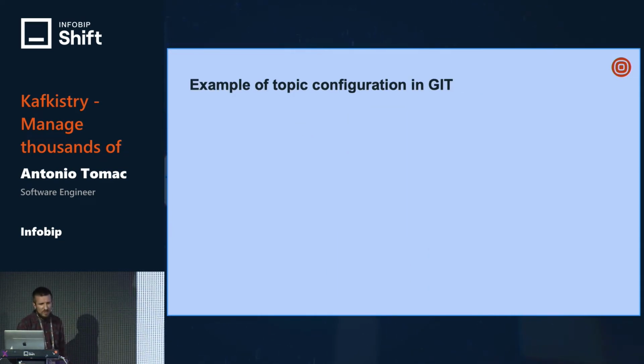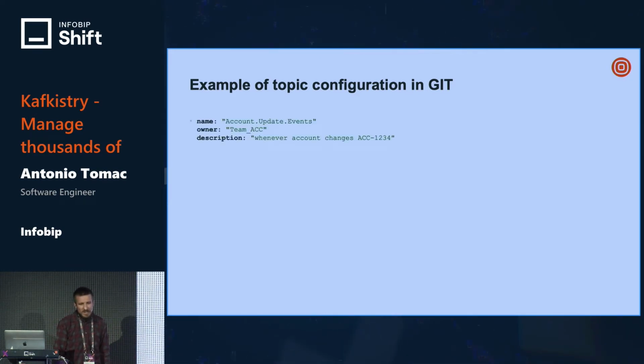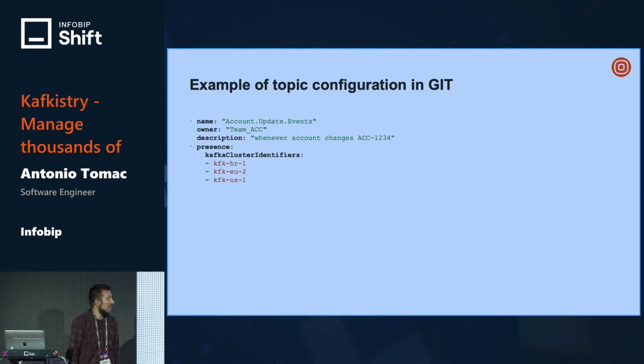And now let's take a brief look at how the configuration looks in Git. It's some YAML file containing the name of the topic, who is the owner, and some kind of short description. It also has a presence, which explains where this particular topic is needed.